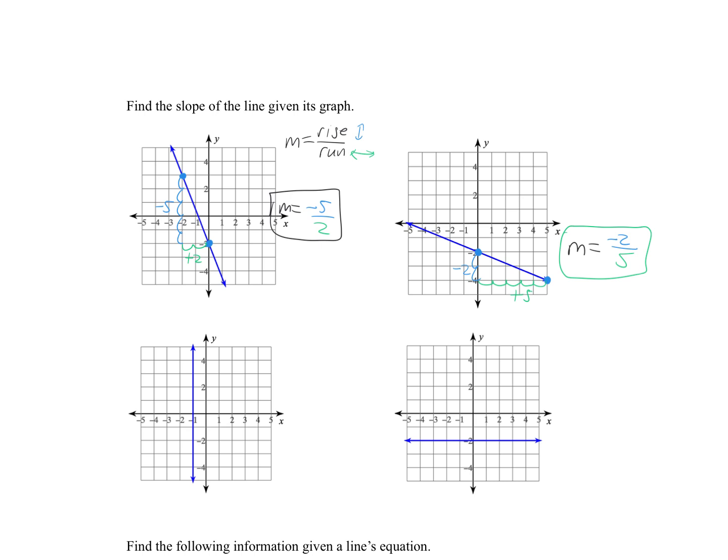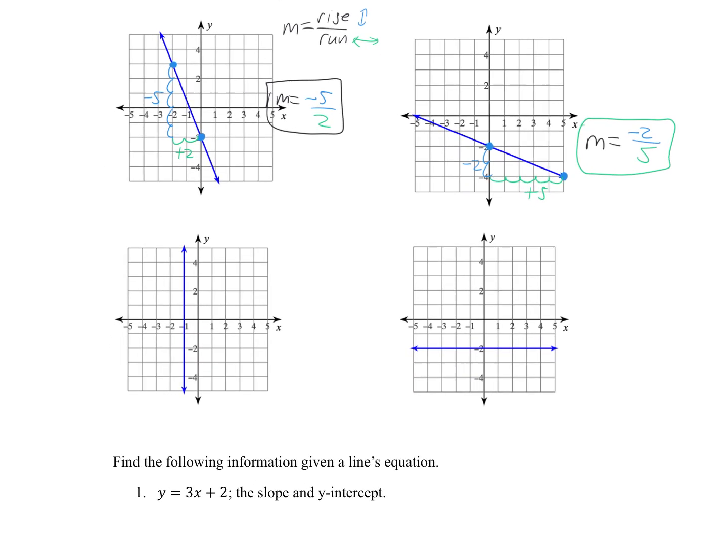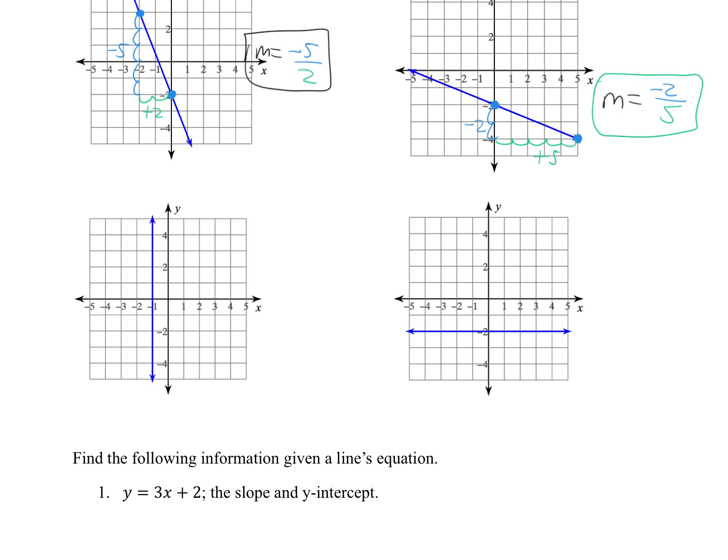Okay, good. Now, these last two, this horizontal and the vertical line, shouldn't require any work. Just by looking at the graph, you should be able to tell what the slope is going to be. Any vertical line, we had said that these have an undefined slope.